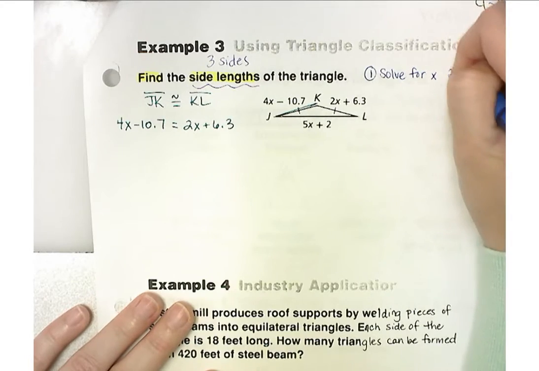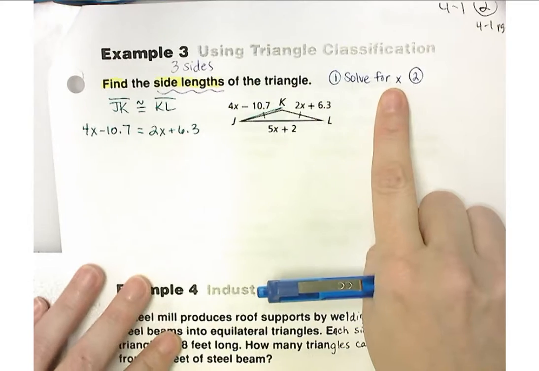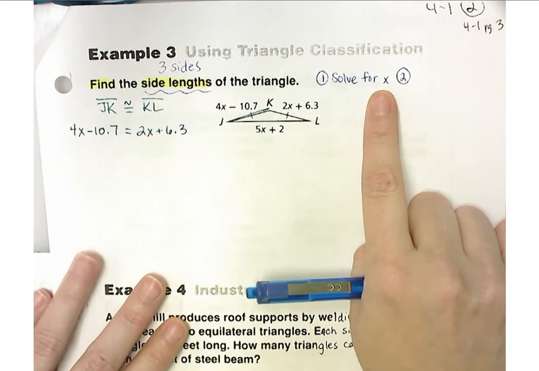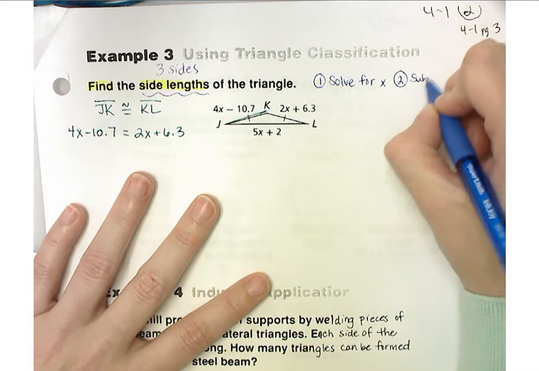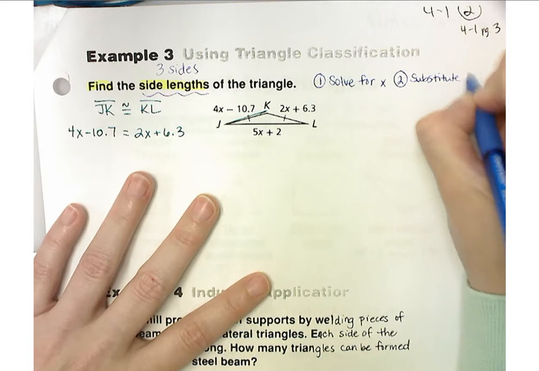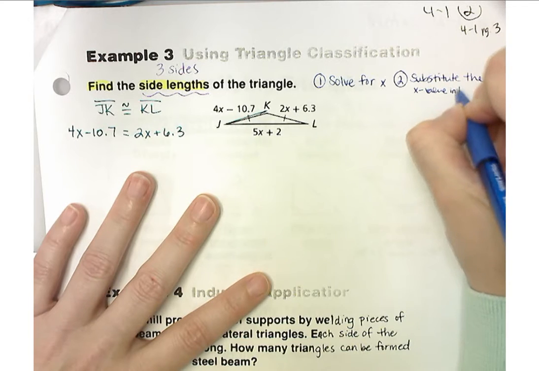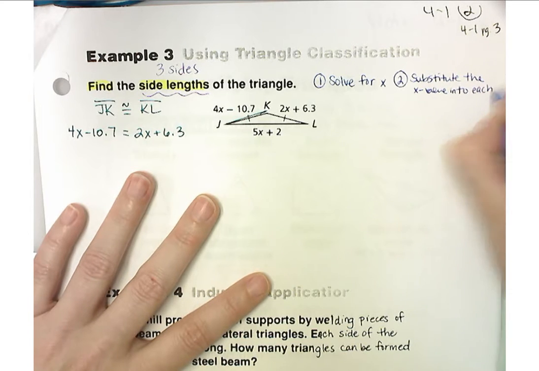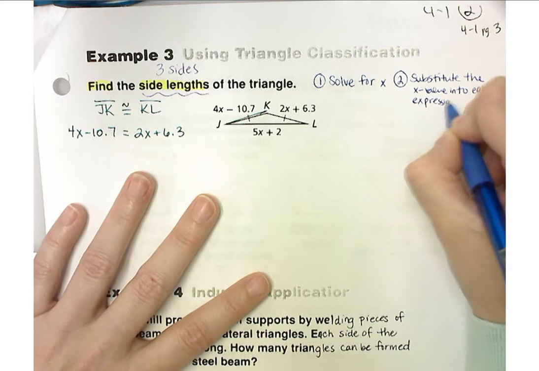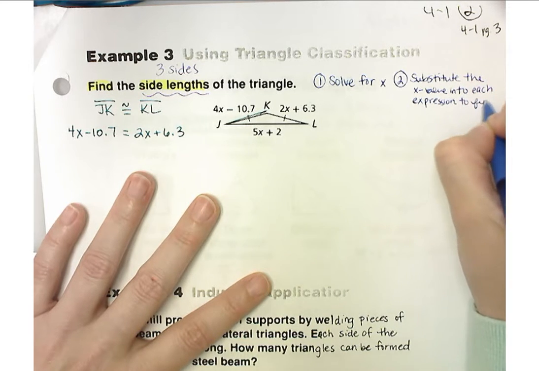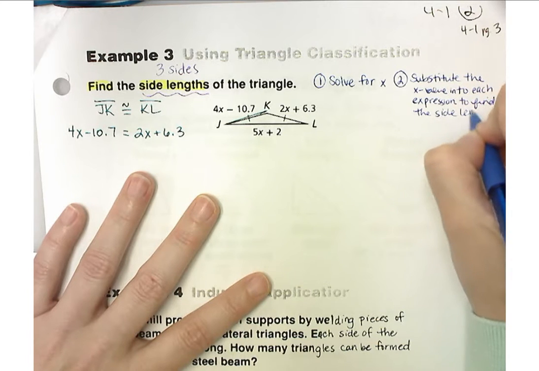But if I'm finding the side length, Rachel, after I solve for x, what am I going to have to do? Yes, okay, so you're going to have to substitute the x value into each expression to find the side lengths.